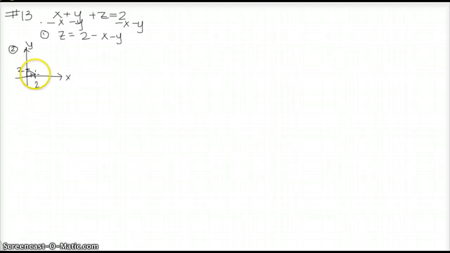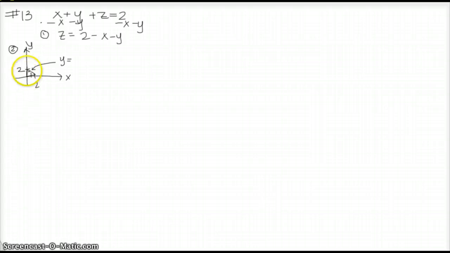So right here, if we wanted to show the x boundaries, basically our x boundaries are 0 and 2, and then our y boundaries are, I'm sorry, it's bounded by the line y equals 0, right here. And this line right here, if we wanted to figure out the equation of this line, we want it in y equals mx plus b form.